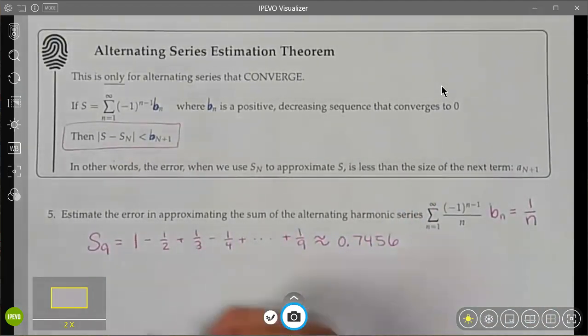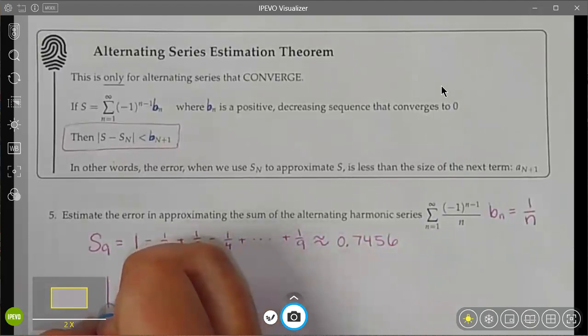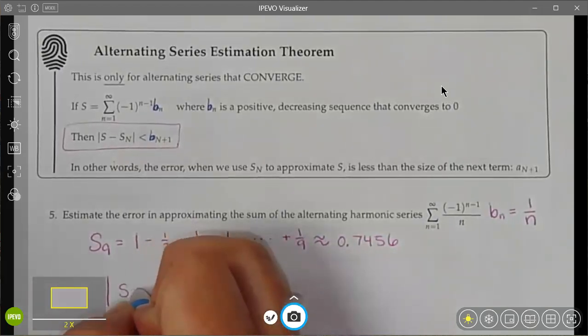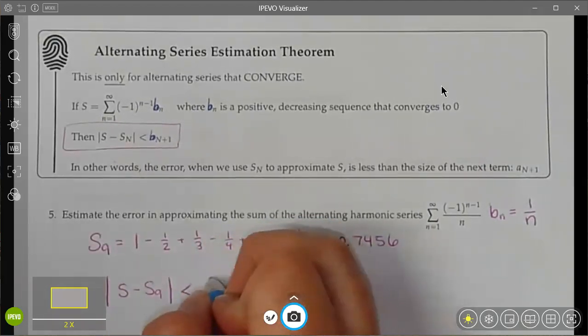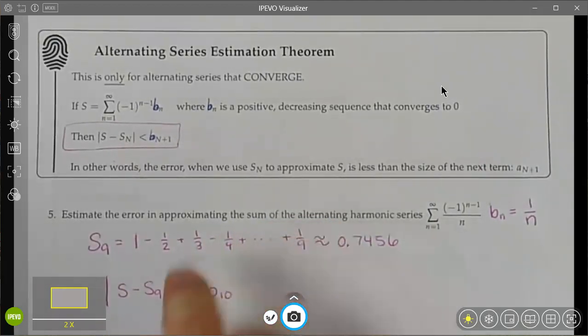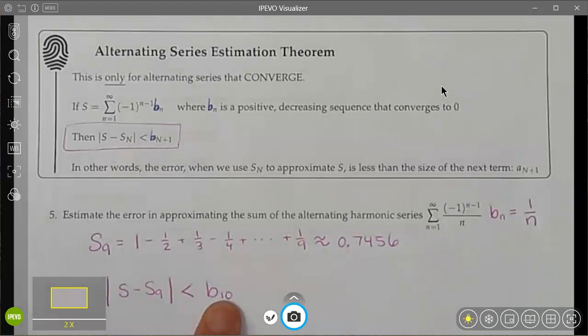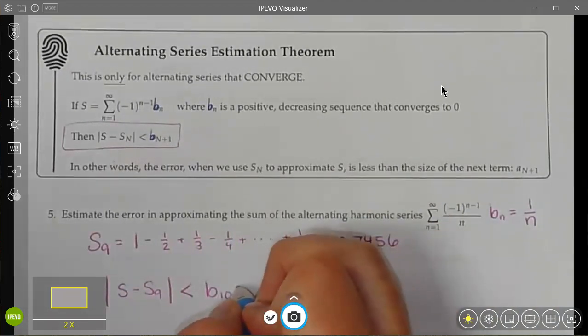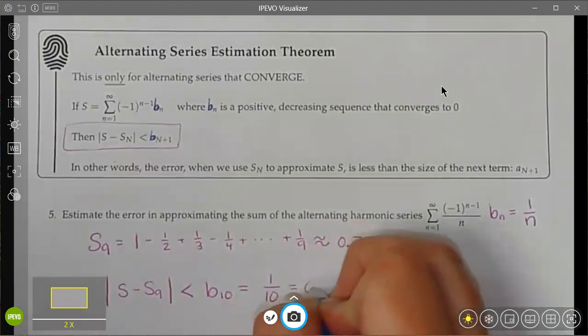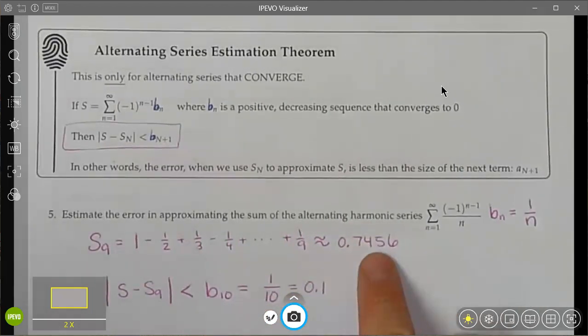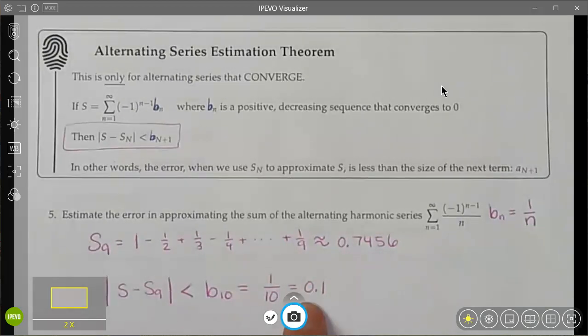And for the error, we're going to do the magnitude of s minus s9. That's going to be less than b10, so there's the n term, there's the n plus 1. This is going to be equal to 1/10, or 0.1. So this estimation is off by no more than 0.1 from the true sum.